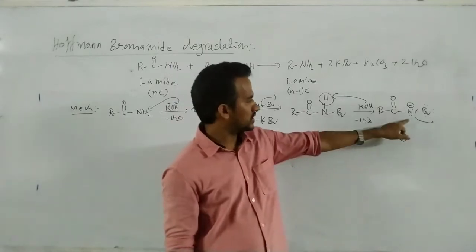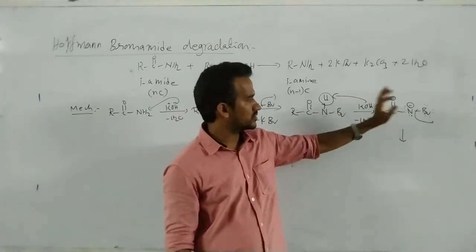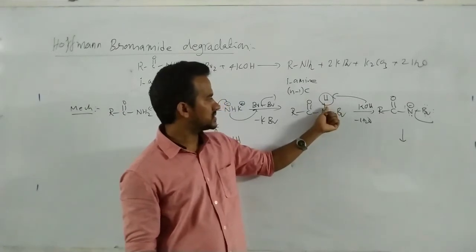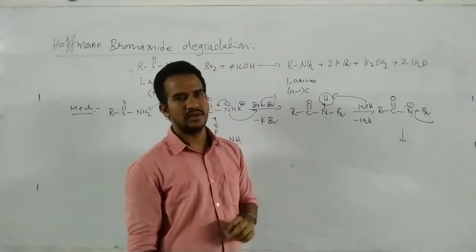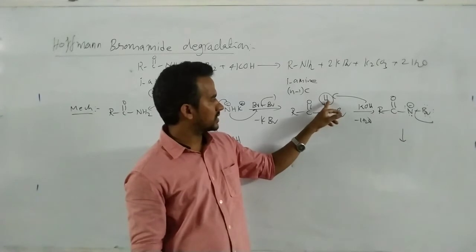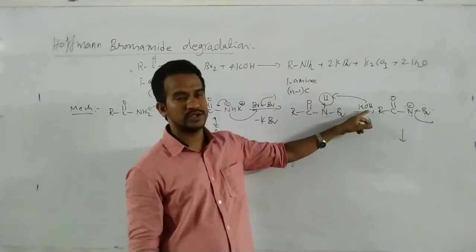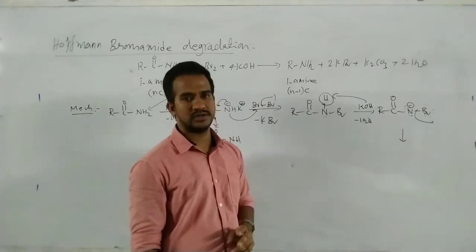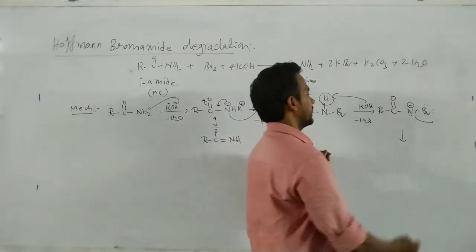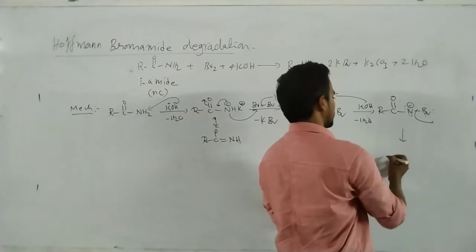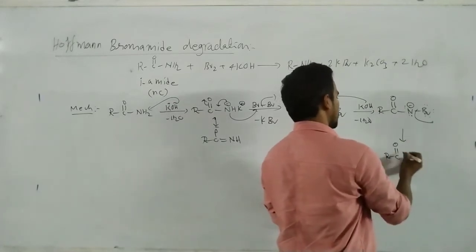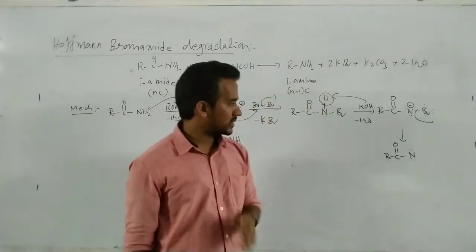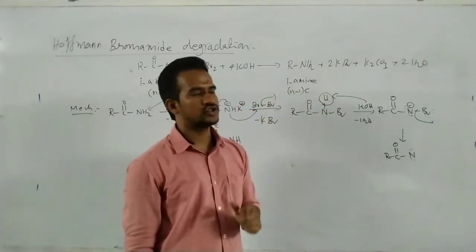Here 2 electrons, here 2 electrons, with a negative charge. Why does it have a negative charge? Because this nitrogen gains electrons. The bonding electrons are left after loss of H plus by OH minus, and nitrogen has an extra electron, so it carries a negative charge. Now by loss of Br minus, we get RC double bond O N with a lone pair of electrons, which becomes neutral in nature.